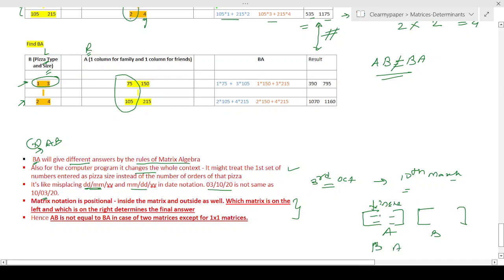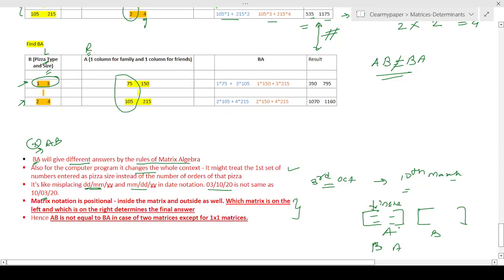You're not changing anything on the inside, but you're changing the whole sequence. That matters too. So matrix notation is very positional, within the matrix in the relative positioning of the data elements, and also among the matrices, which comes first.